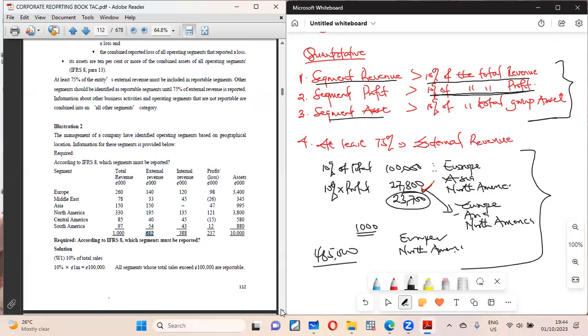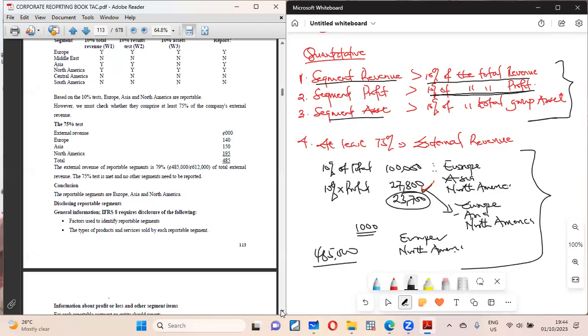Have you seen it? So we want to see the percentage. If we do that, we have 79%. So it means that the 75% test is met and the other segments need not be reported.